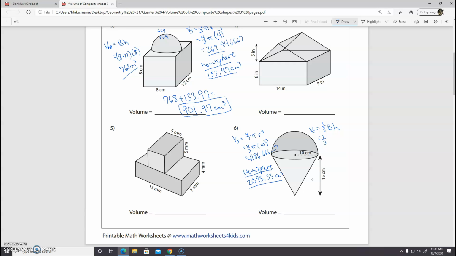So area of the base, my base is a circle, area of a circle is pi r squared. And then we plug in 1/3 pi, my radius 10 squared, and my height from vertex straight down is 15.